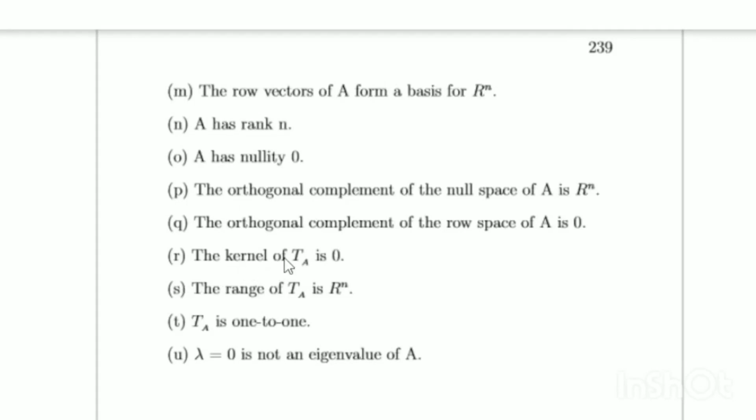The kernel of the transformation TA is 0, the range of TA is Rn, and TA is one to one. And lambda equal to 0 is not an eigenvalue of A.